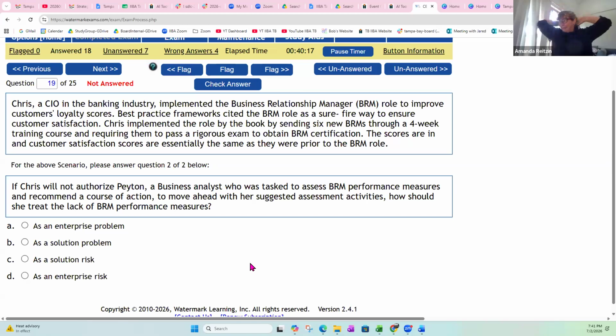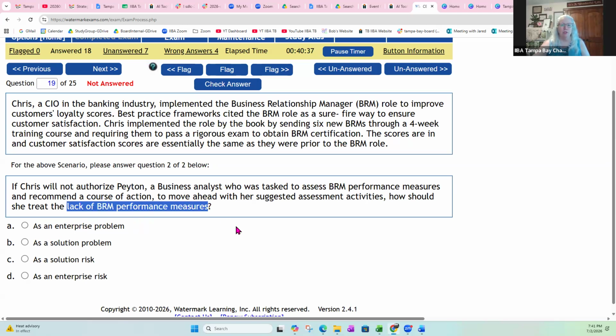I remember now. Okay, if Chris will not authorize Peyton, the business analyst who is tasked to assess BRM performance measures and recommend a course of action, to move ahead with her suggested assessment activities, how should she treat the lack of BRM performance measures? So a lack of performance measures, the BABOK says, should be treated in a certain way.